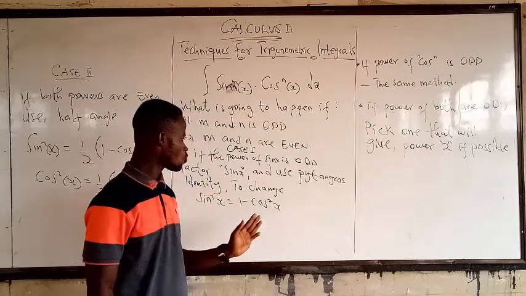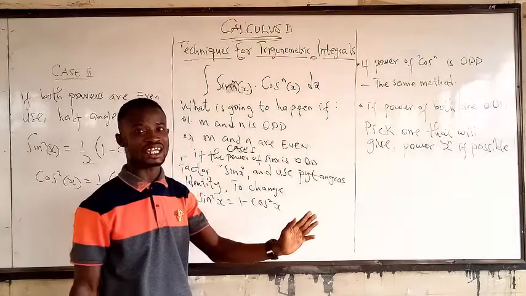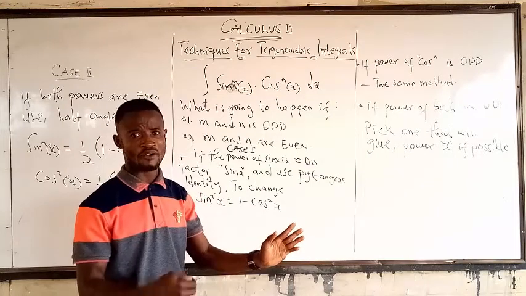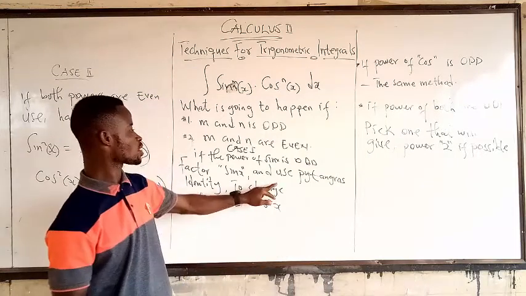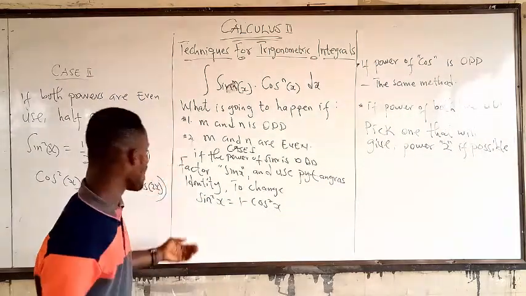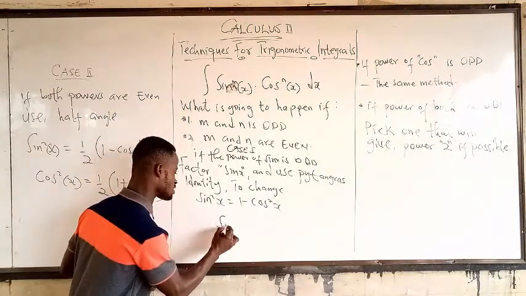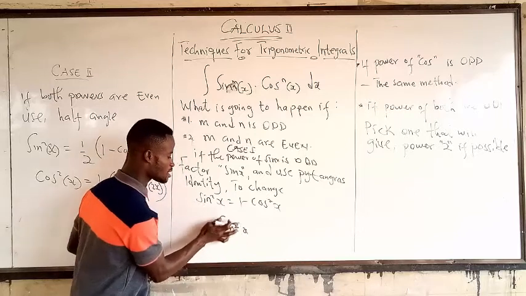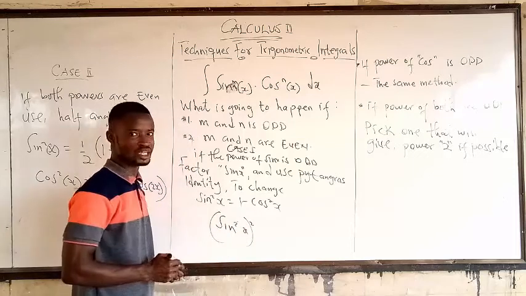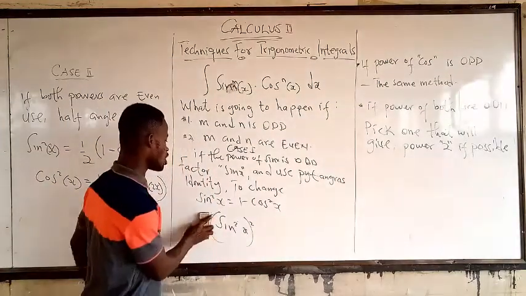Since it's odd, when you factor sine x out, you'll be left with an even power. And the even power, even if it's power 2, power 4, or power 6, you can use the Pythagorean identity to change it. If you have just sine squared x left, no problem. But if you have, let's say, sine to the power 4 x, we can still make it power 2 and square this one here. So we can still get this substitution there.